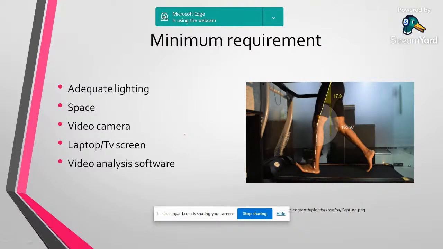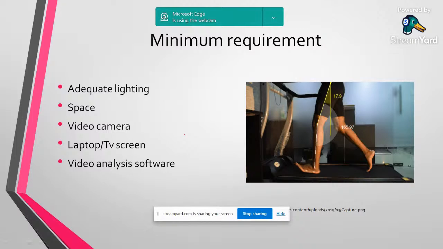Then you need a space, especially if you are doing it indoors, so that the action can be performed without any hindrance. Then you need a video camera having sufficient frame rate, sufficient shutter speed, sufficient resolution.